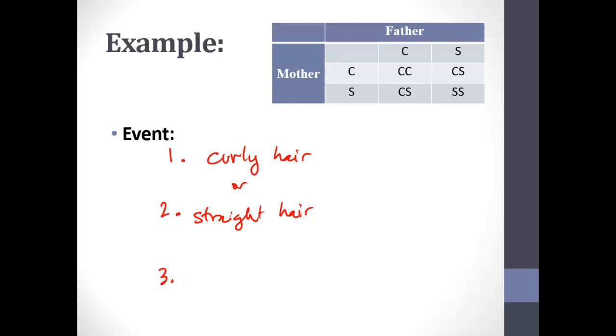I could also, remember, an event can also be combinations of outcomes. So those are just single outcomes, but the event could also be curly or wavy hair. So I could do things like that too. There are other events in this sample space that I haven't written out, but these are just some examples of what I mean by an event.